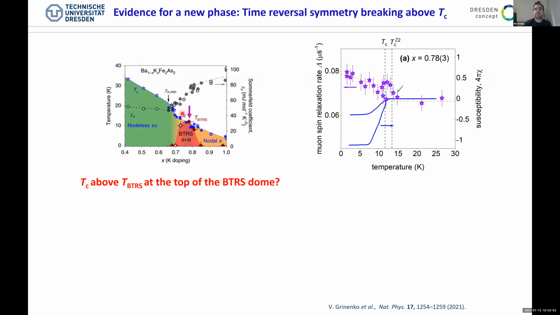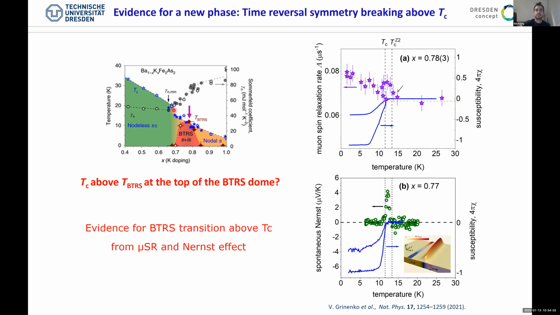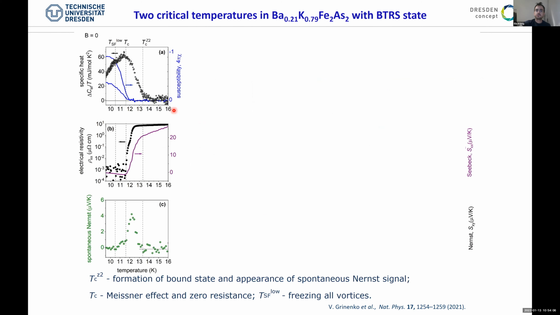Thank you for the beautiful talk. I have a quick question about the experimental measures that you use for seeing this time reversal symmetry broken metallic phase above this S plus IS state. If I saw right, you didn't measure the usual electrical Hall resistivity, which I would have thought is the most natural thing to measure. So how come? We were looking for methods which are prone to see fluctuating time reversal symmetry breaking in the first place.